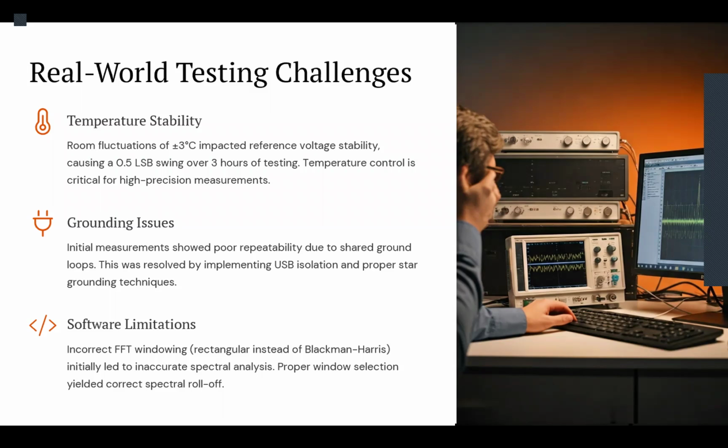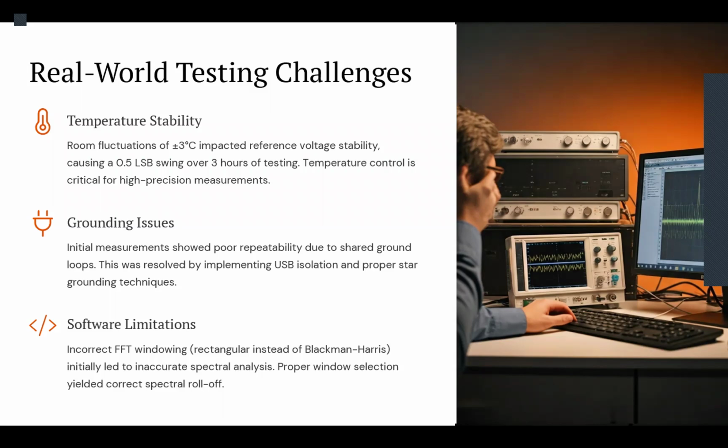So it ended up in an inaccurate reading of the harmonic distortion. When we switched to the Blackman-Harris window, which has better side lobe suppression, it became more accurate and the measured metrics matched expectations.